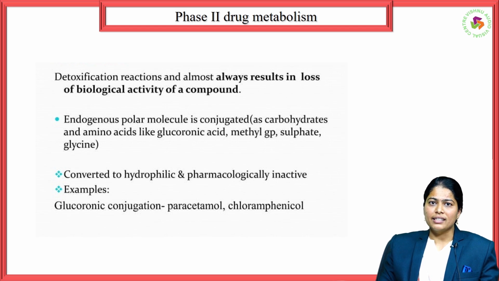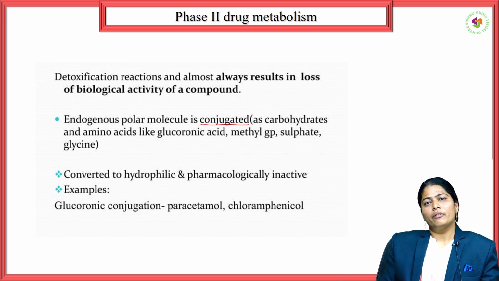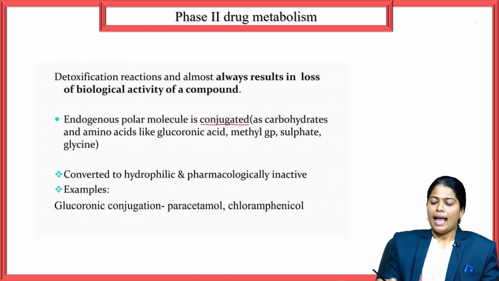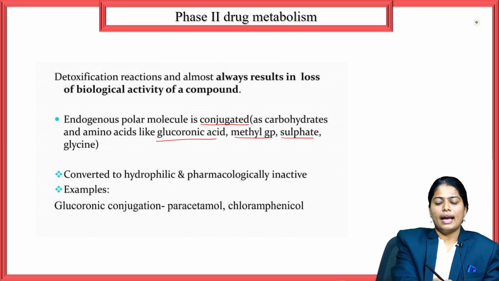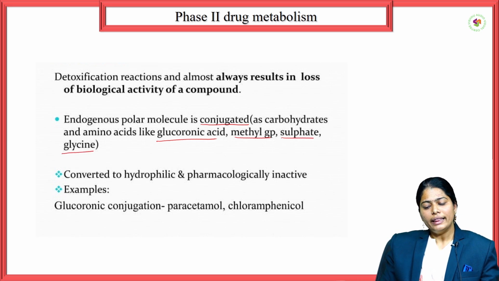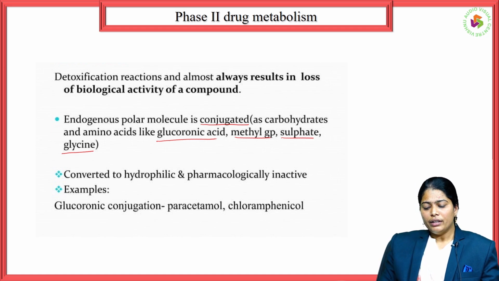These water-soluble drug substances are again conjugated with different components like glucuronic acid, methyl group, sulfate, and glycine. All these conjugates are highly polar in nature, they are detoxified, and the inactive water-soluble components are excreted from our body. So they are converted to hydrophilic and pharmacologically inactive compounds.